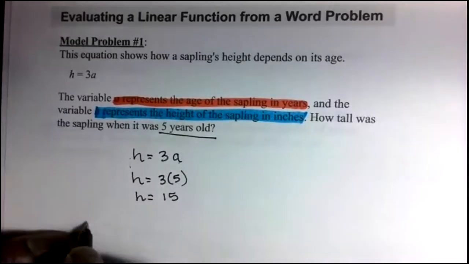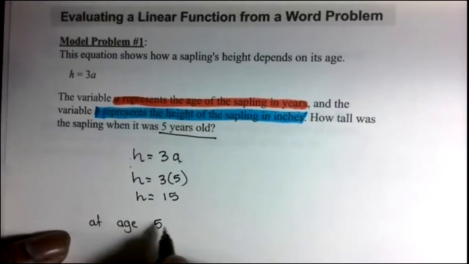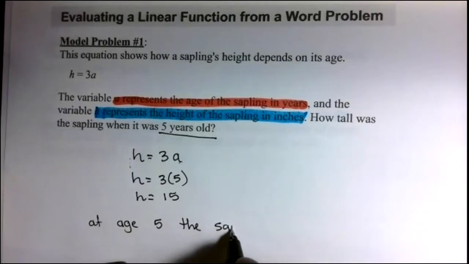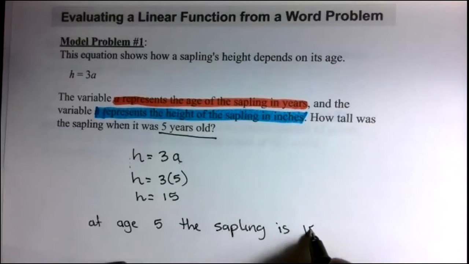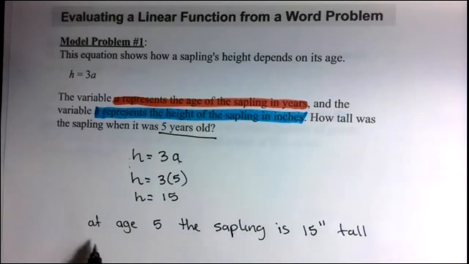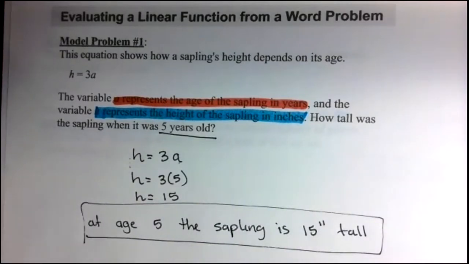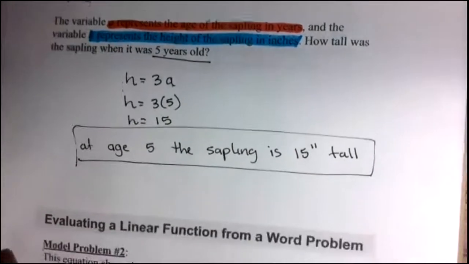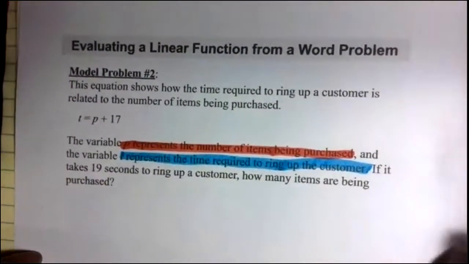So at age 5, the sapling is 15 inches tall. Boom. All right, good job. Let's move on to the second problem.